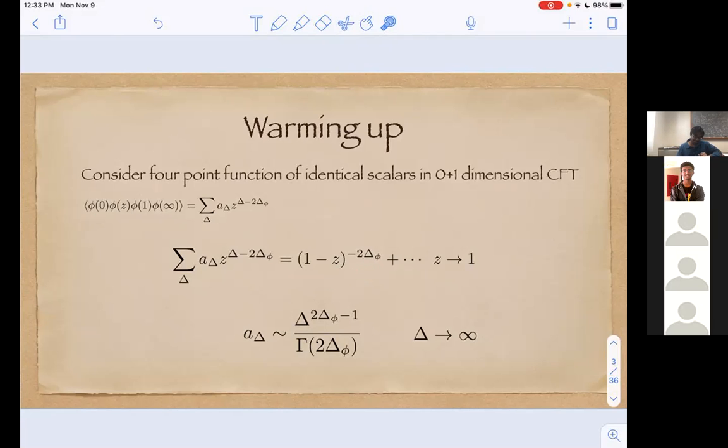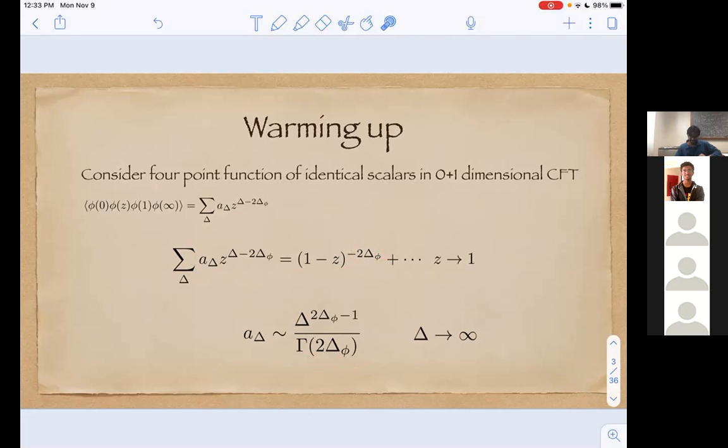In the T channel, we basically take the second operator and third operator and collide them. And in this z going to 1 limit, we see the correlator is captured by this kind of divergence. And this divergence immediately tells us the growth of these coefficients A delta. We see these coefficients grow like a power law with some appropriate power, which is related to this 2 delta phi, and there is a coefficient which is also precise.